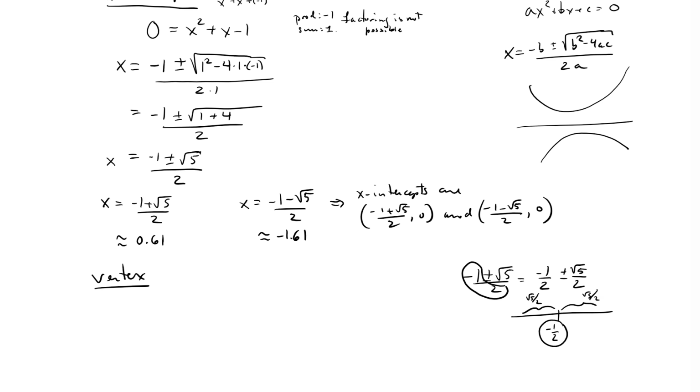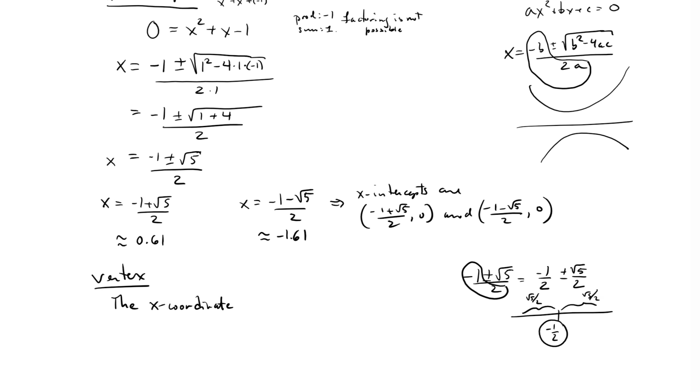And this is also interesting. If you look at the formula up there, minus b over 2a is always the x-coordinate of your vertex. So maybe we can write that down. That's an interesting thing, and this is true for every parabola.